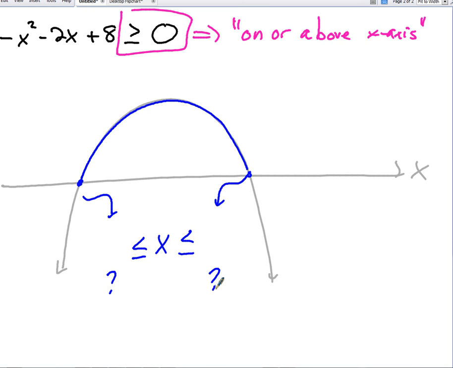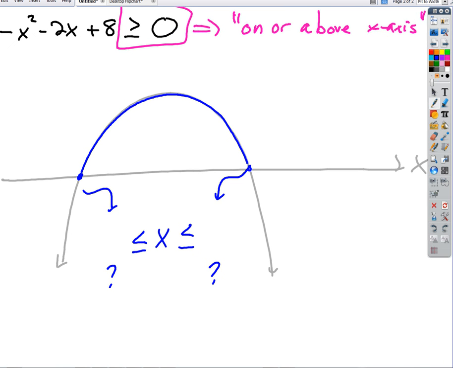I got to know where this downward opening parabola crosses the x-axis. So to do that, I'm just going to take my original inequality and solve the equation negative x squared minus 2x plus 8 equals 0. I'm going to ask the question, in other words, when is this equal to 0? When is it on the x-axis? What are the x-intercepts? Okay, so let's do that.